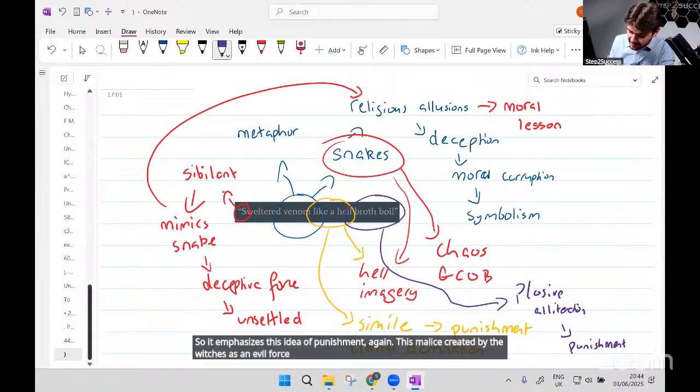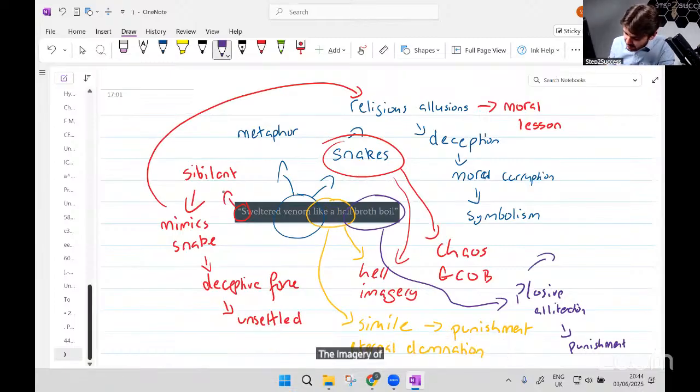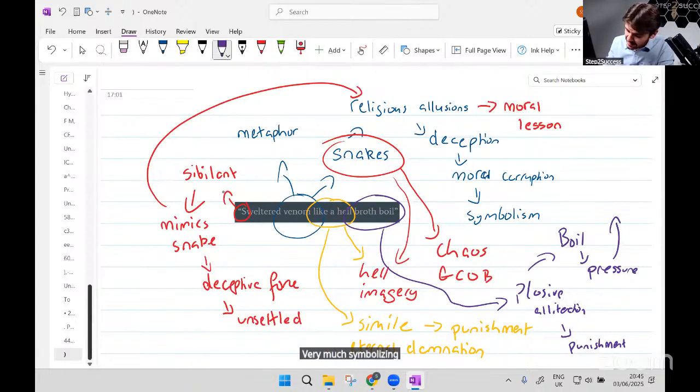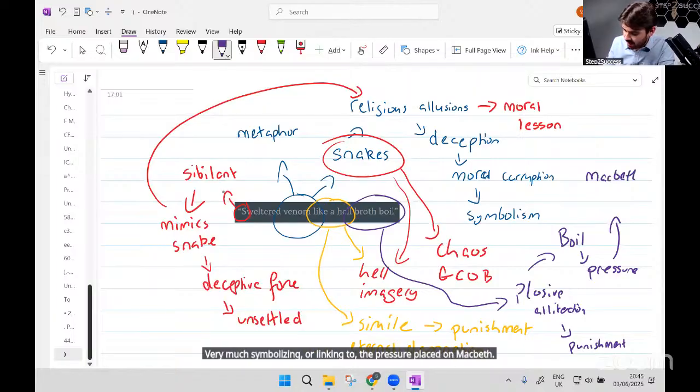And then finally, the imagery of the boiling. When we think of boiling, we think of heat and pressure, very much symbolizing or linking to the pressure placed on Macbeth, that they are a corrupting force. They are there to influence Macbeth in a very negative way.